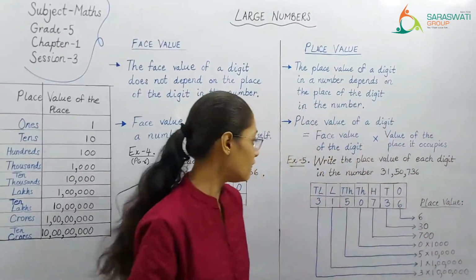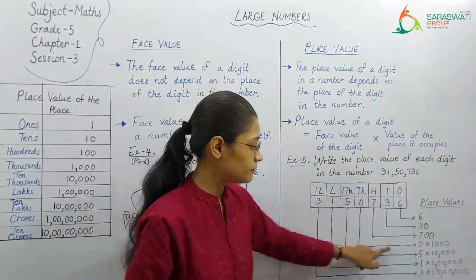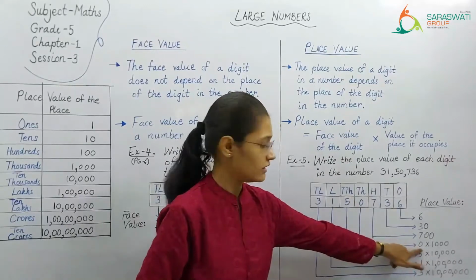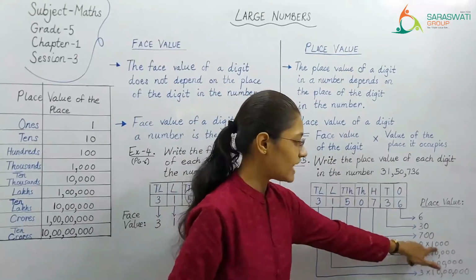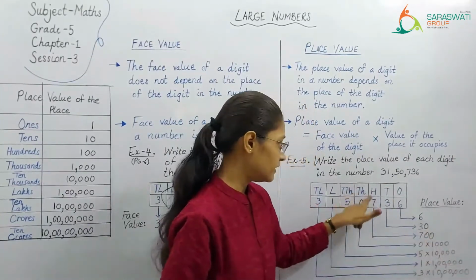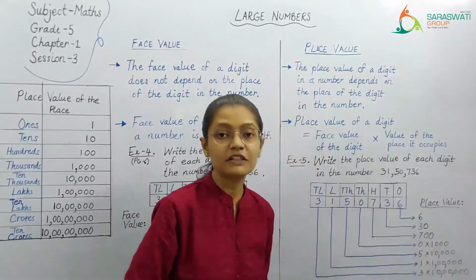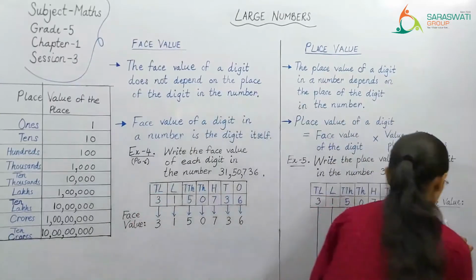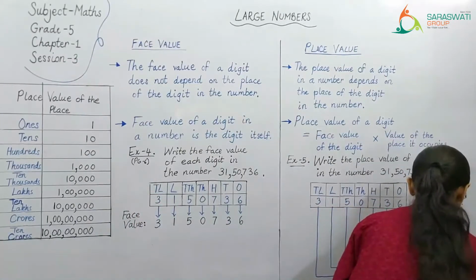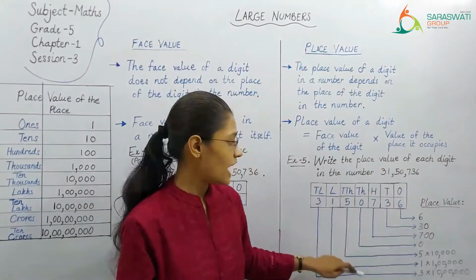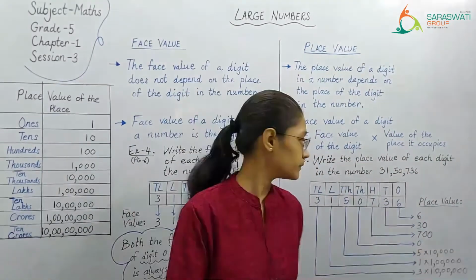Then the value of digit 0 at 1000's place is the face value of the digit, that is 0, multiplied by the value of 1000's place, and that is 1000. So 0 multiplied by any number is always 0. So the place value of digit 0 at 1000's place is 0.